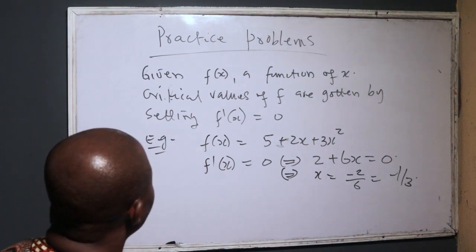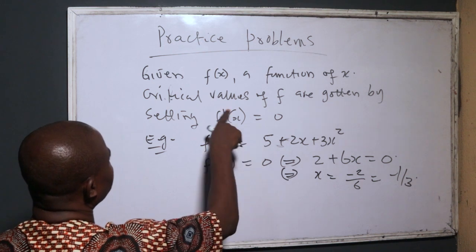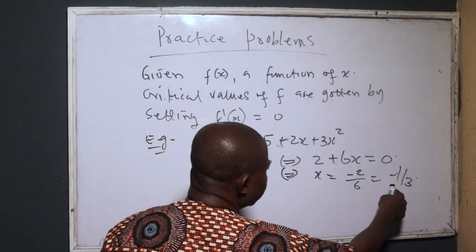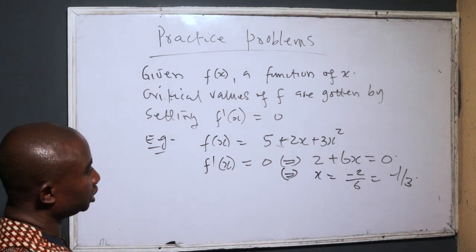All right. How can we now go from finding a critical value to knowing whether this critical value is a relative minimum point or relative maximum point?